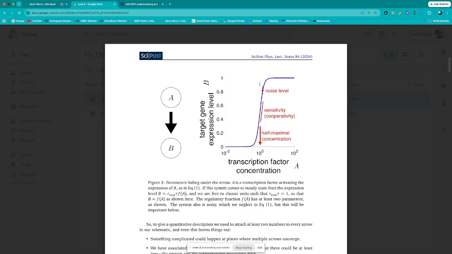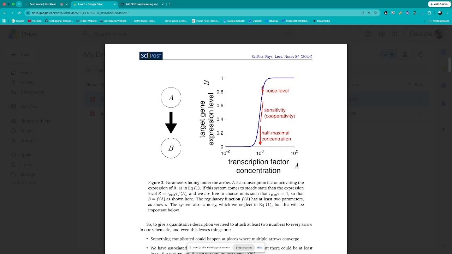We can look at the noise level. The noise level happens when transcriptional noise occurs, and that's usually when there's some variation in the production of this mechanism. So transcriptional noise is actually quite important in this process, because sometimes it adds some information.